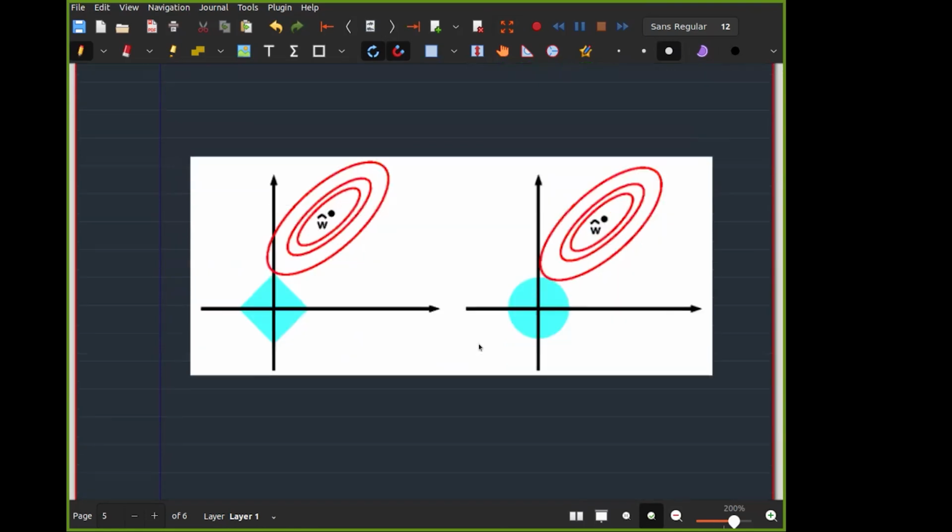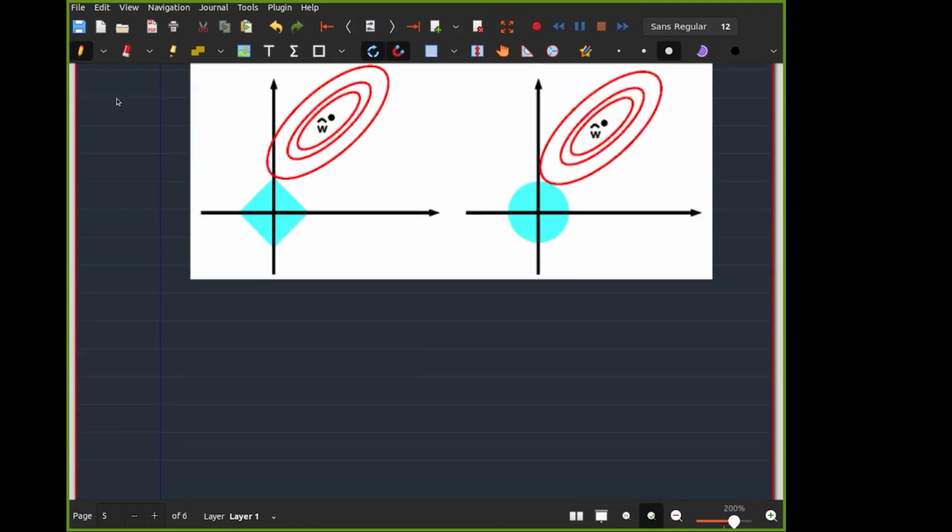That's the first part. The second part is, if I look at these optimization problems, let's say my negative log likelihood is equal to 1/2 times, let's write it in vector form, the L2 norm squared of y minus Xw. So this is my negative log likelihood.